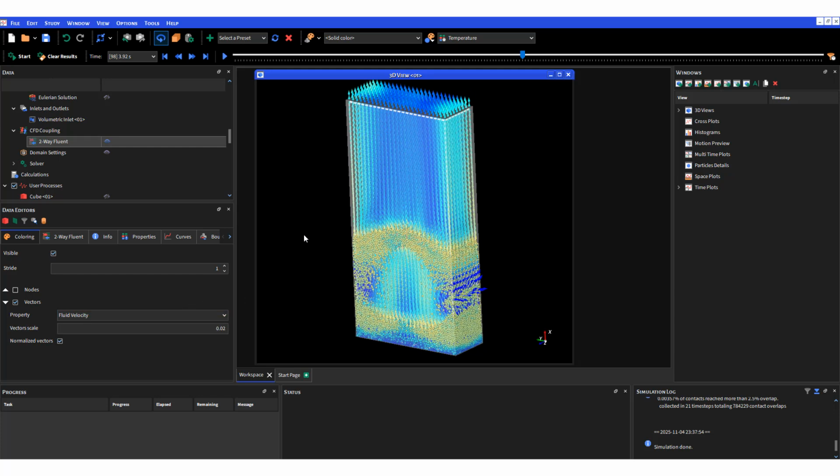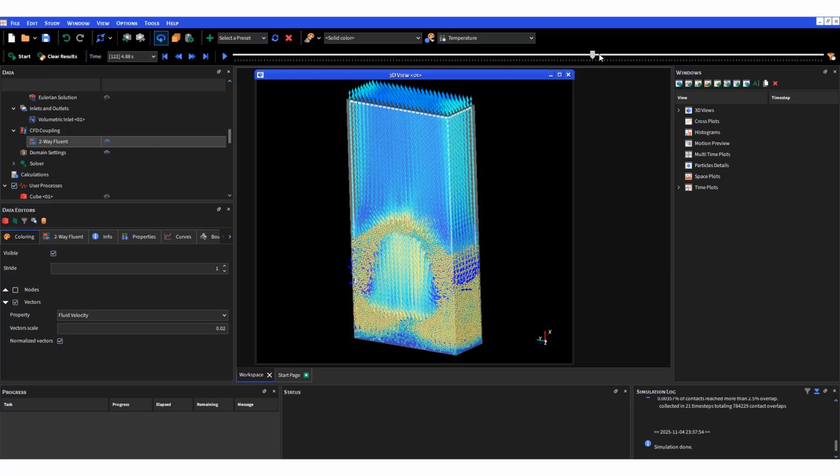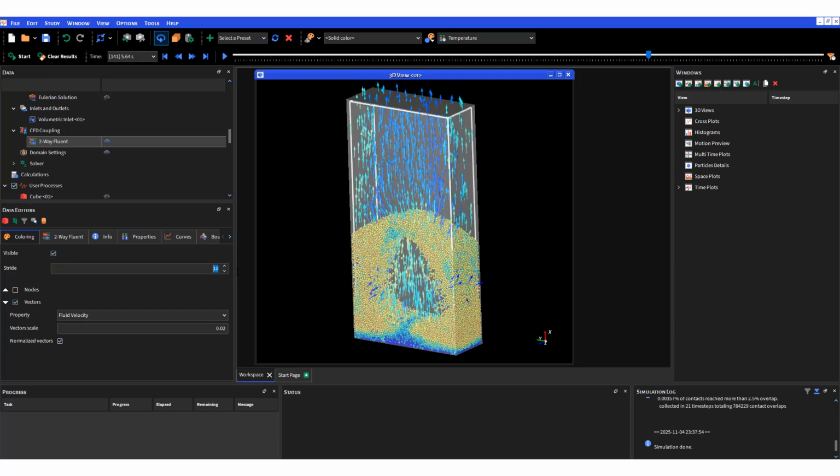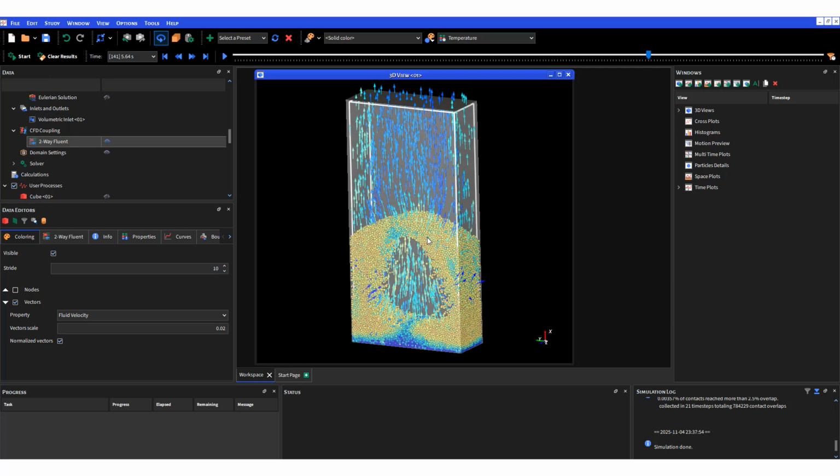And yeah, so you can see how basically the fluid is moving, and we can track with it the particles as well. Given that we have so many vectors, we can actually increase the stride, so we have an easier visualization of the flow field through the domain.